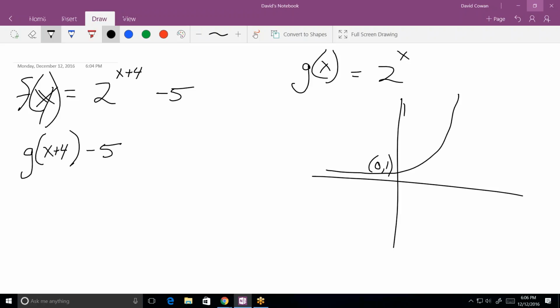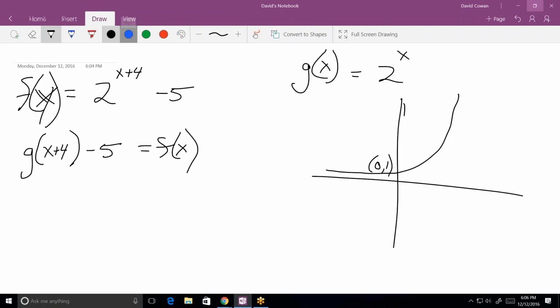That's what f of x is relative to g of x. Because the x plus 4 is in the exponent, it's got to be inside the parentheses, and it's a horizontal adjustment. The minus 5 is outside of the function completely, therefore it's got to be a vertical adjustment.